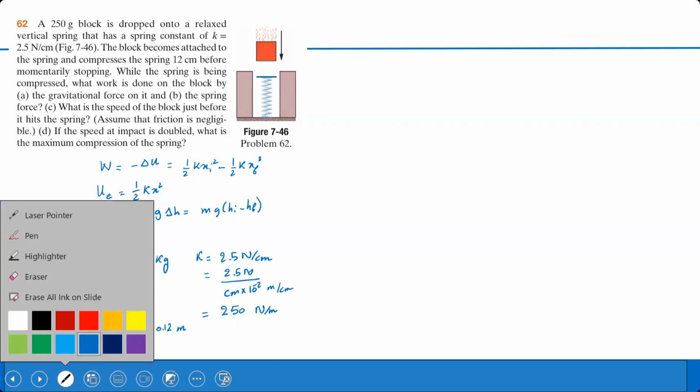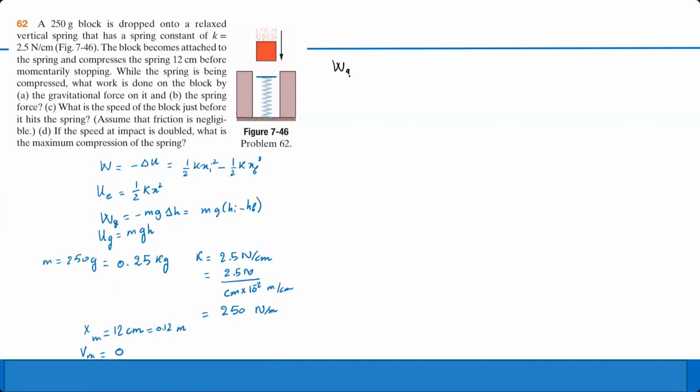So I'll find the work done by gravity, which is mg into h initial minus h final. Now the initial height, let's see.